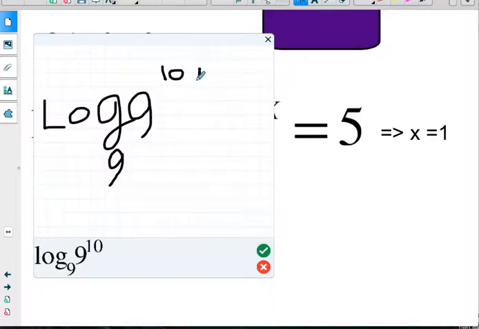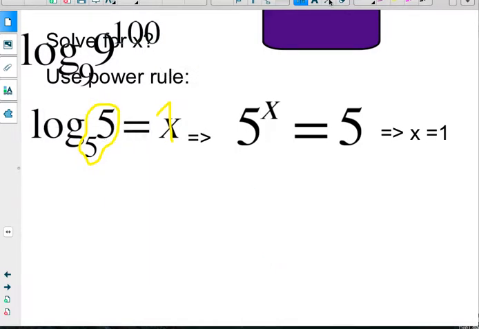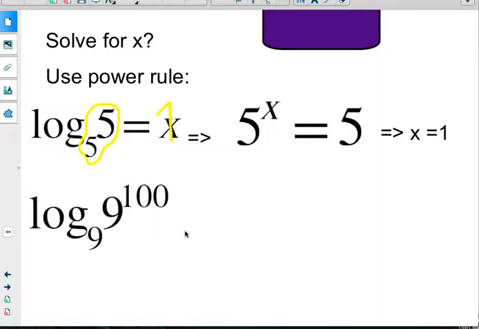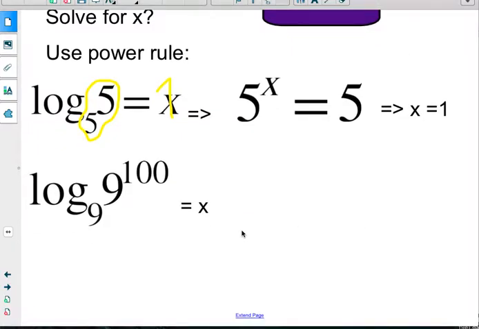Wow, this crazy log is equal to x. The whole thing is equal to x. We want to solve it for x.